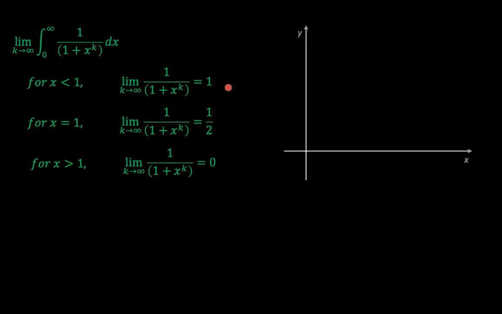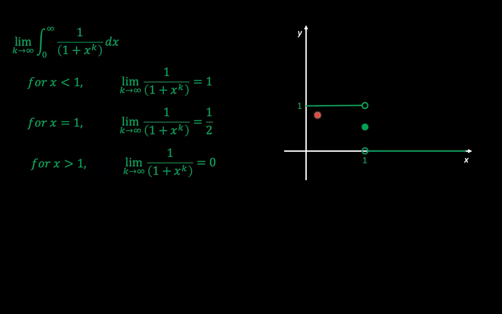So if we are to represent this on our graph, if y is equal to the limit of k tending to infinity of 1 over 1 plus x to the power k, it means that between 0 and 1 we have everything being equal to 1. Then at 1, we do have half. And then from 1 to infinity, we have 0.